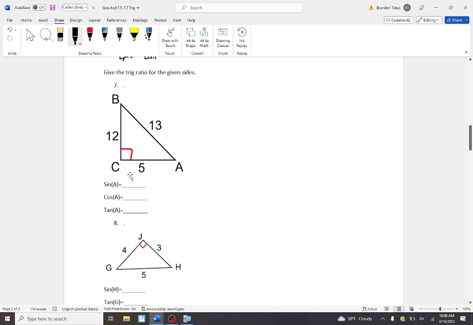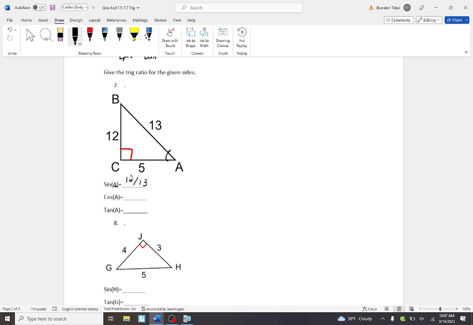All right. Next one. Give the trig ratio. So this is also basics. If I say sine of A, this tests if you know what SOHCAHTOA means. So sine of A, I'm at A in this case. I want opposite over hypotenuse. The opposite is 12 over the hypotenuse, which is 13. So for this one, you're just writing 12 over 13.